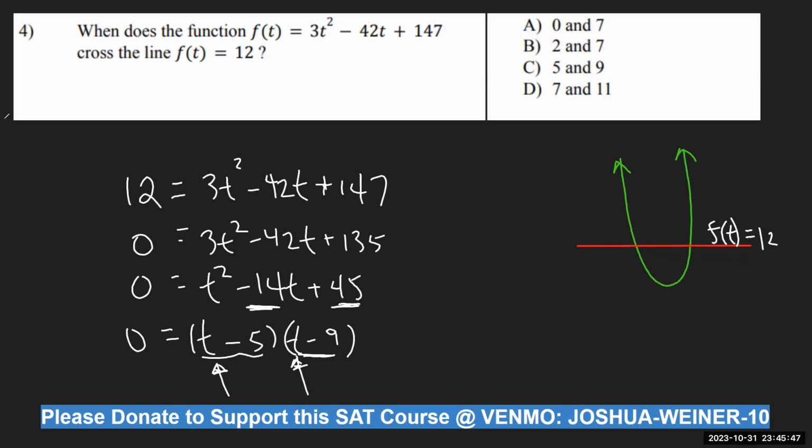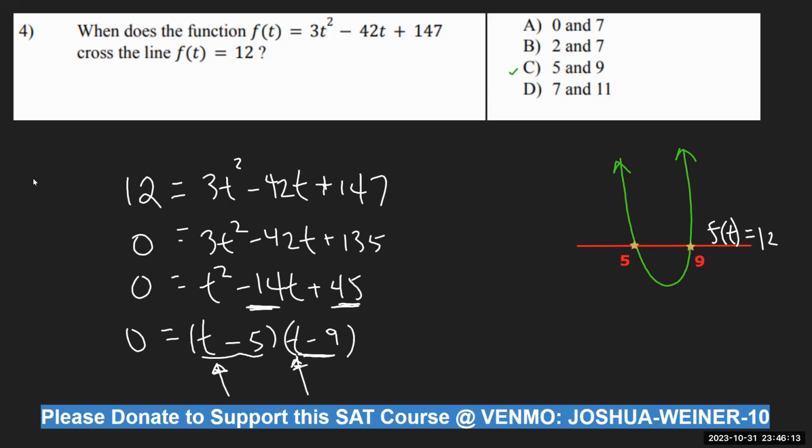So those are the 2 moments where the function meets the line. In other words, this is t equals 5, and this is t equals 9. Those are the 2 moments, 5 and 9. The correct answer was C. 5 and 9 for question number 4.